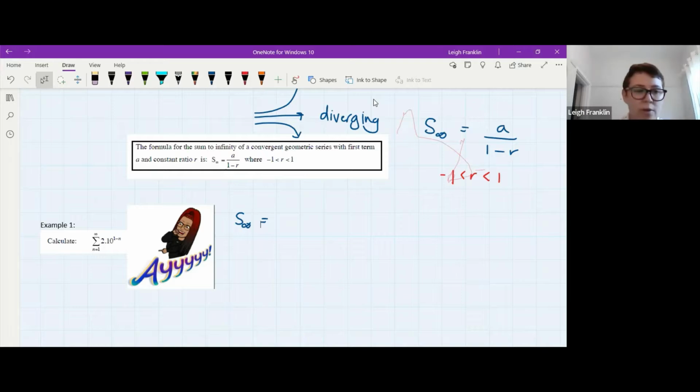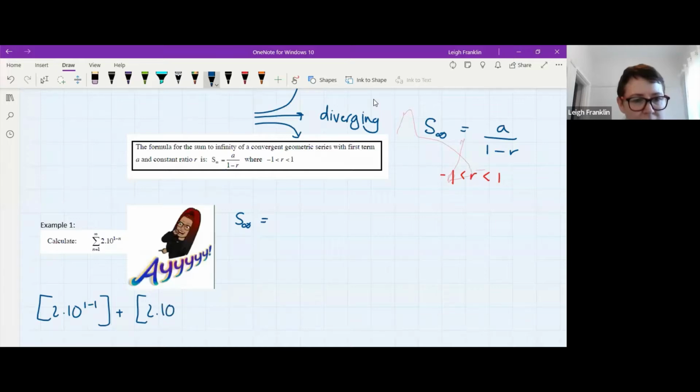If we sub n is equal to 1, our first term is going to be 2 times 10 to the power of 1 minus 1. Our second term is going to be 2 times 10 to the power of 1 minus 2. And our third term would be 2 times 10 to the power of 1 minus 3. Of course, we could carry on doing this infinitely, but we're not going to do that.